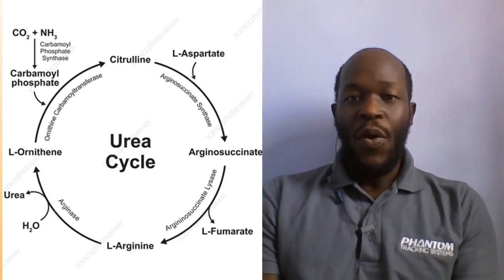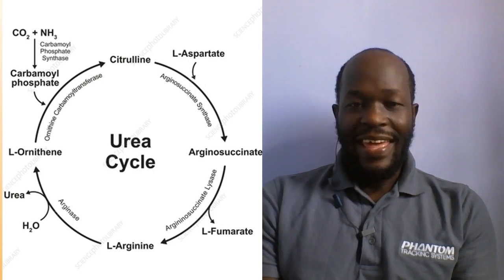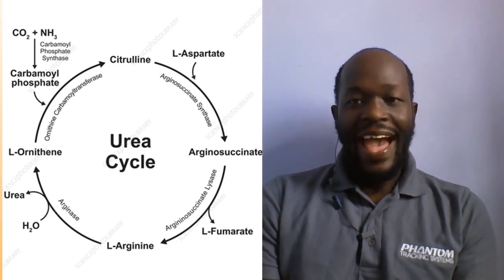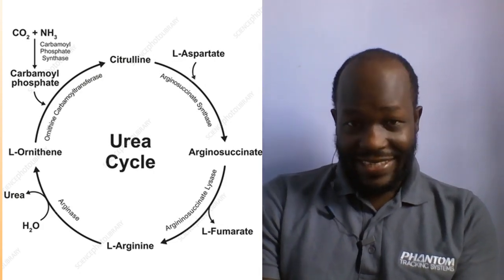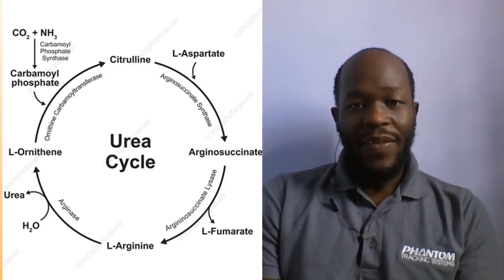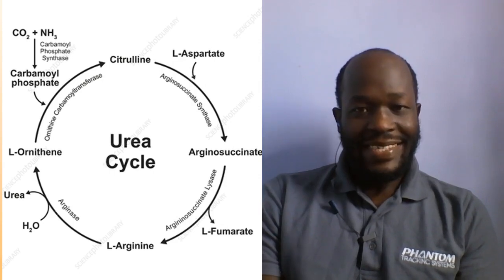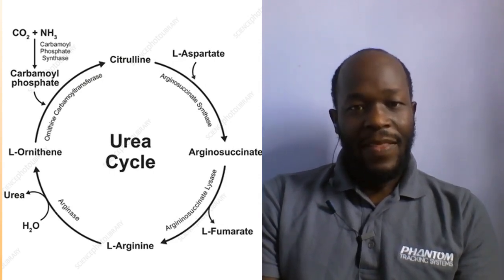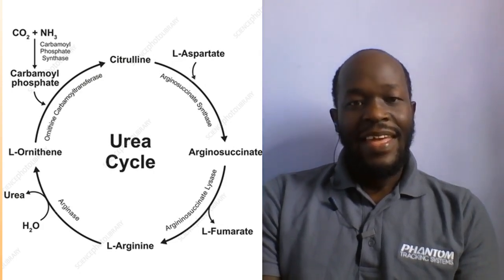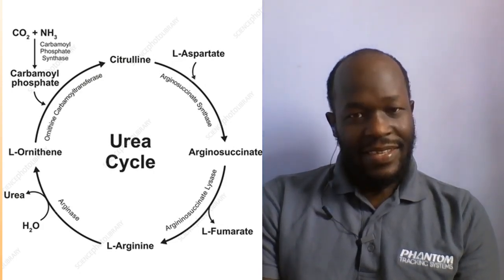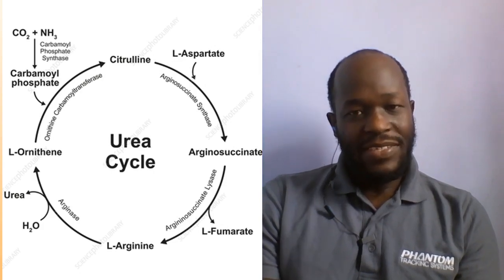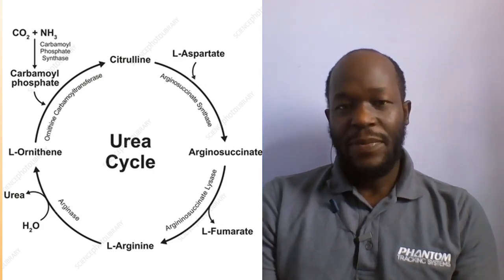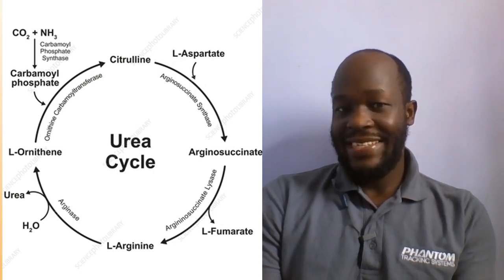Both ornithine and citrulline are intermediates of the urea cycle. Ornithine is a metabolic precursor of arginine, and citrulline can be produced by the breakdown of arginine.